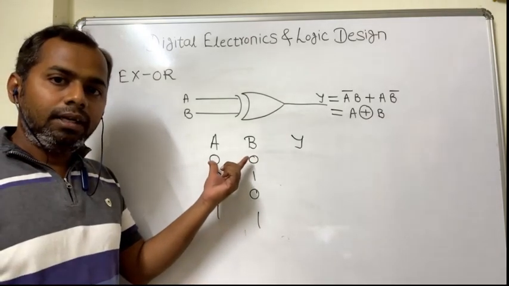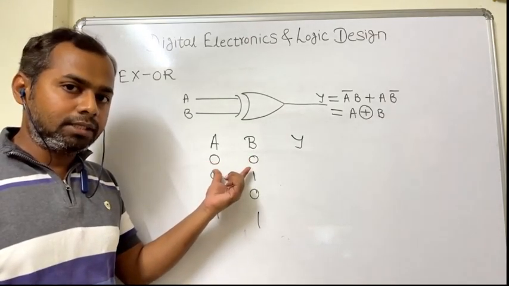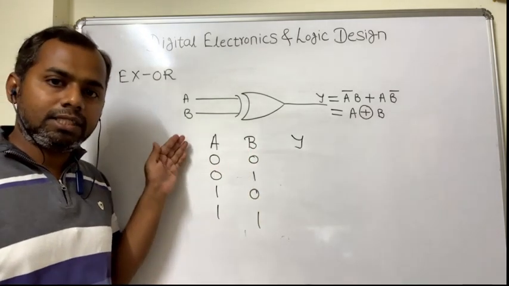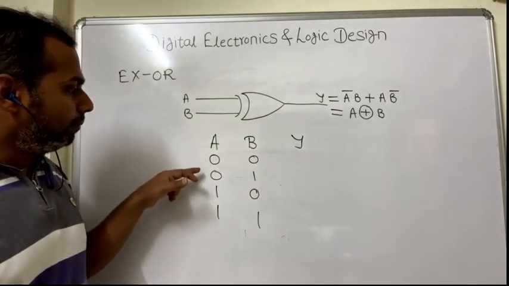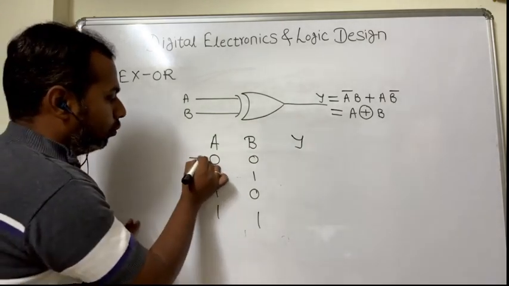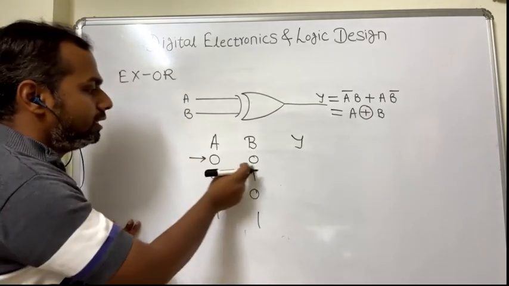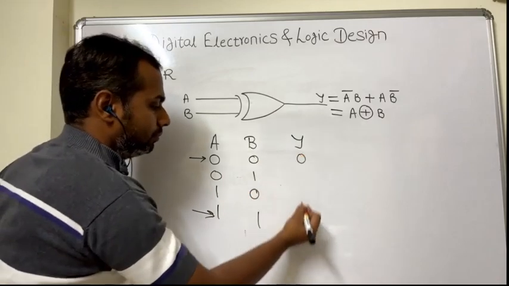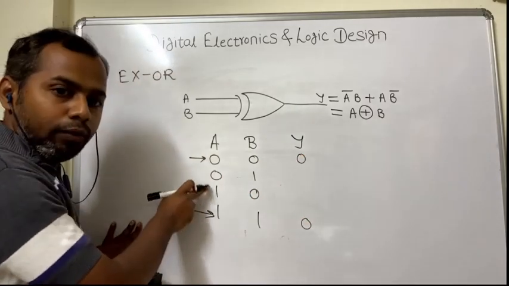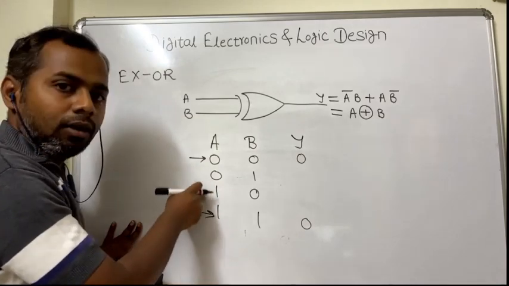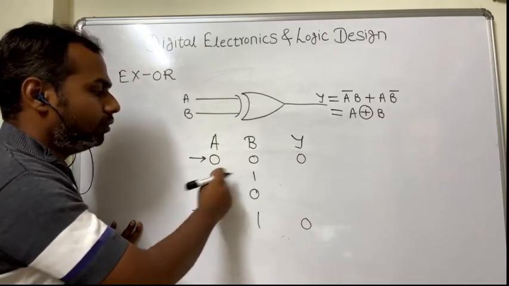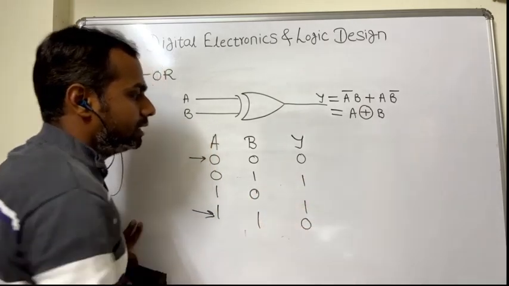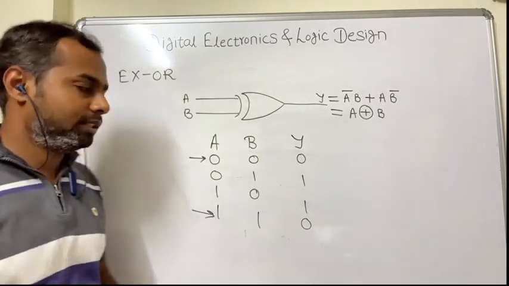And if both the variables have similar values, then in this table, row number 1 and row number 4, we are having similar values for both the variables. In that case, output is 0. And in row number 2 and 3, we are having complement values, means out of two variables, one is 1. At that time, output is 1. So this is a truth table of XOR operation.